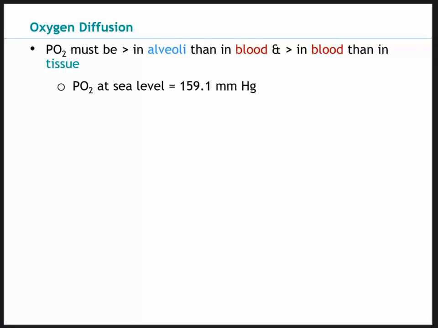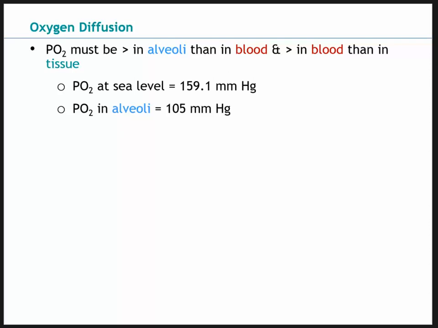So we have this pressure, 159.1. That's going to decrease from sea level to within the alveoli, and we see that here. Why is that? Due to the mixing of atmospheric air with a high PO2 and the air left in the lungs after exhalation, which has a lower percent of oxygen.